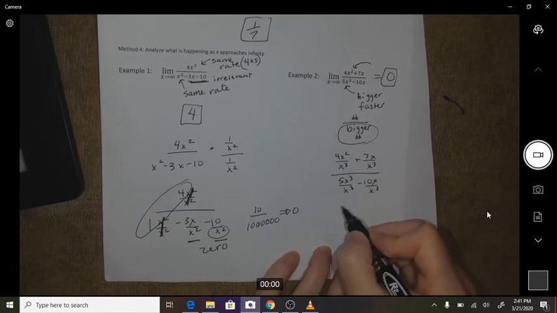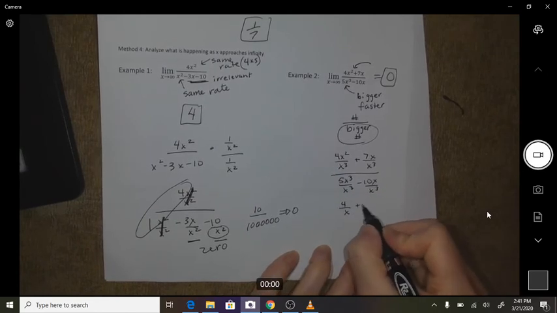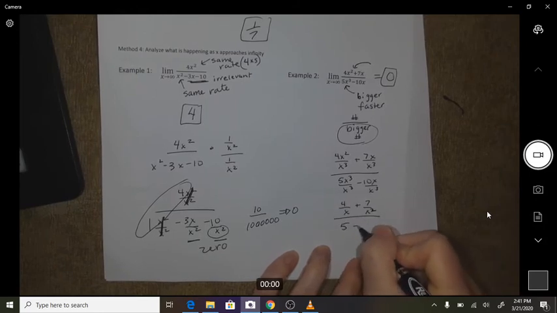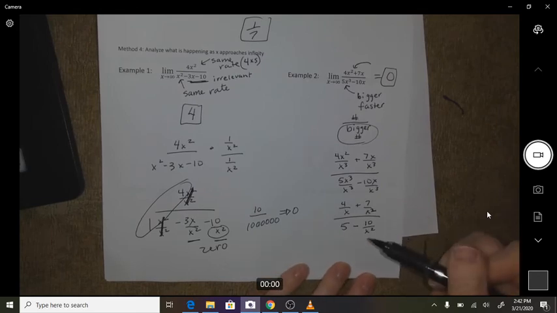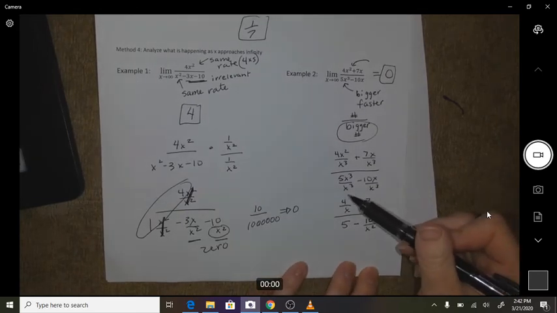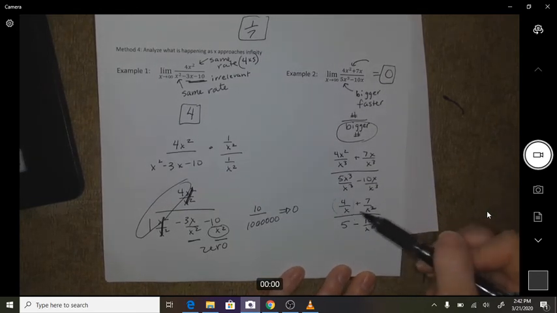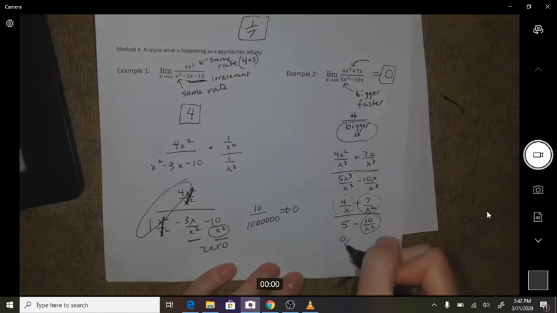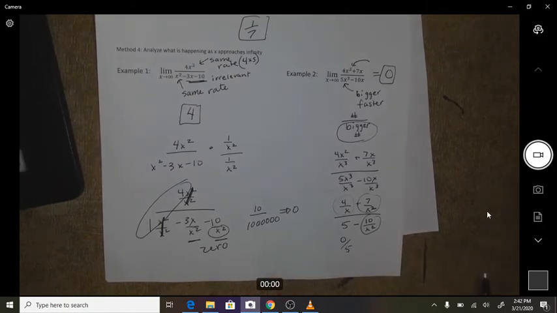This becomes 4 over x plus 7 over x squared, over 5 minus 10 over x cubed. Anything where you have more x's on the bottom would approach 0, so this would be 0 over 5, which is 0.